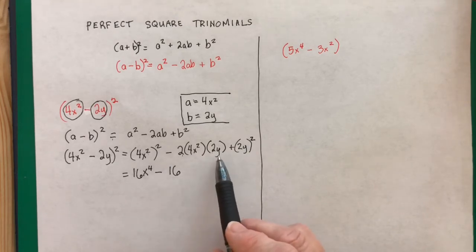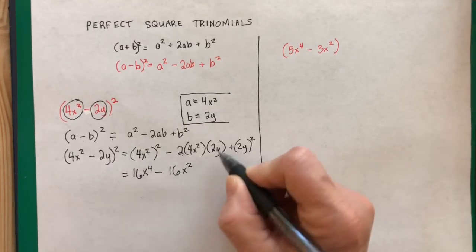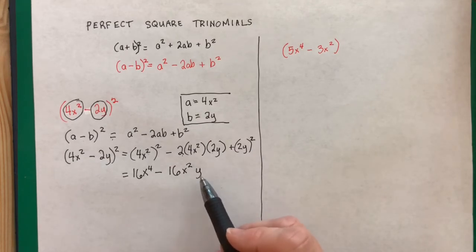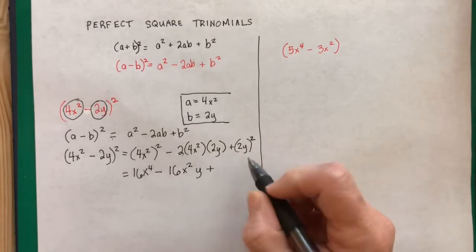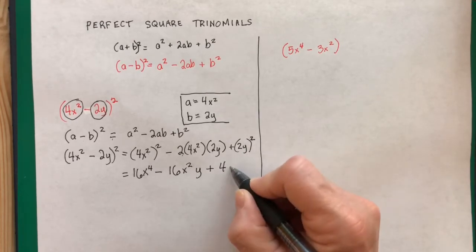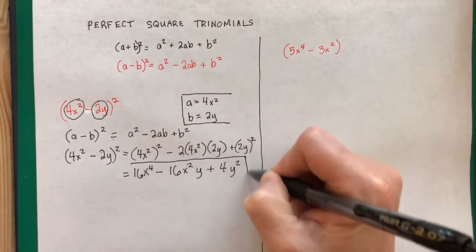Now, since they're not the same base, since it's x and y, I don't change anything with the exponents. I just put my x squared times y. And the convention in algebra is to put that x before the y, kind of in alphabetical order. You don't usually see y times x squared. It would be valid, but it's not usually the way we write things. Okay, and then this last term is 4, and I square the y too, 4y squared. So there is my answer.